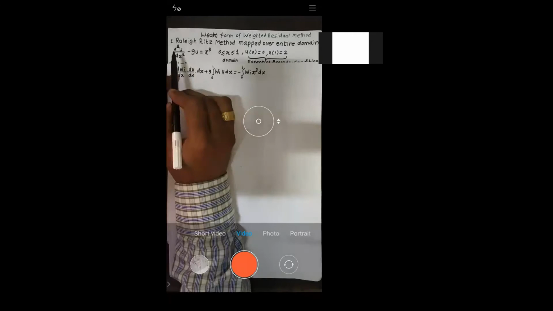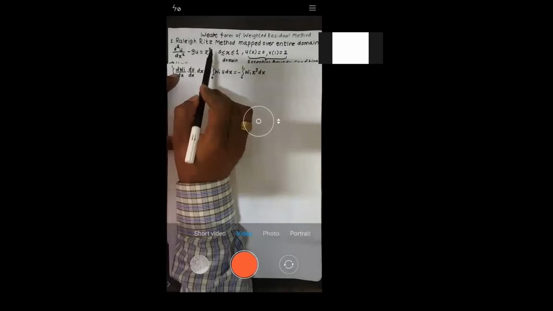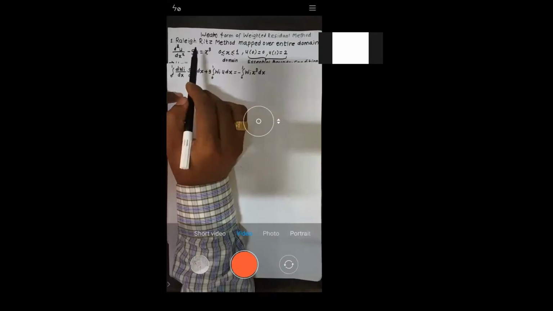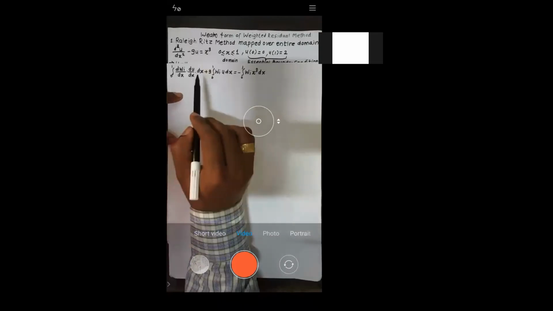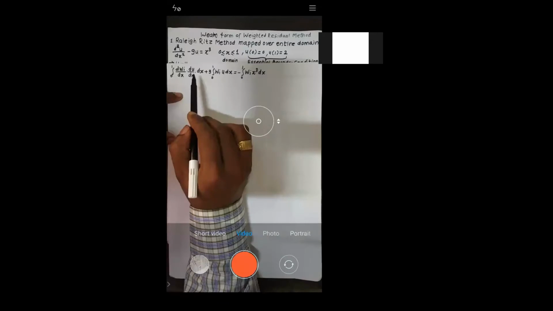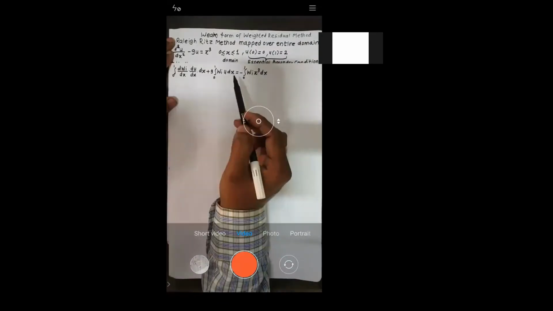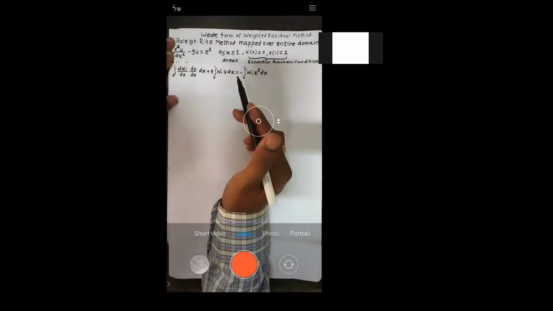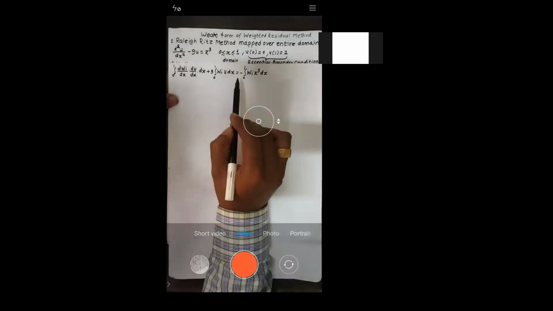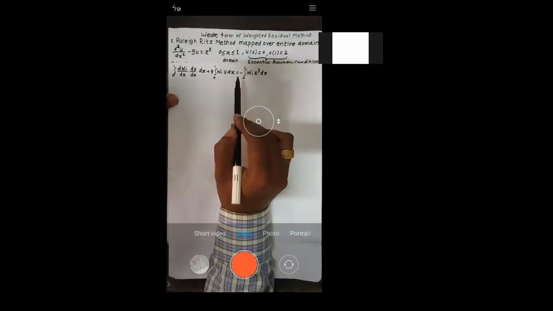The second order differential equation, we have reduced into first order differential equation. That means we have reduced the degree of differential equation by half. Here the order was 2 and here the order is 1. So we have reduced its order to half.